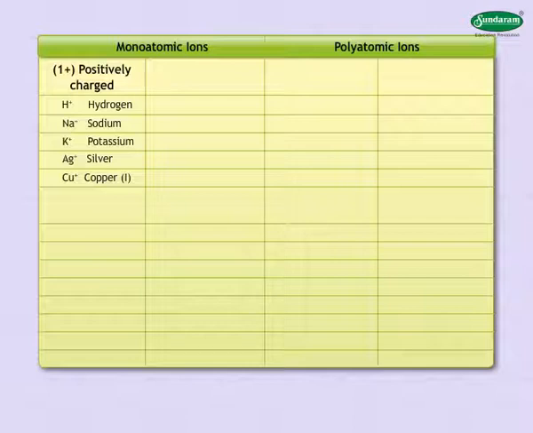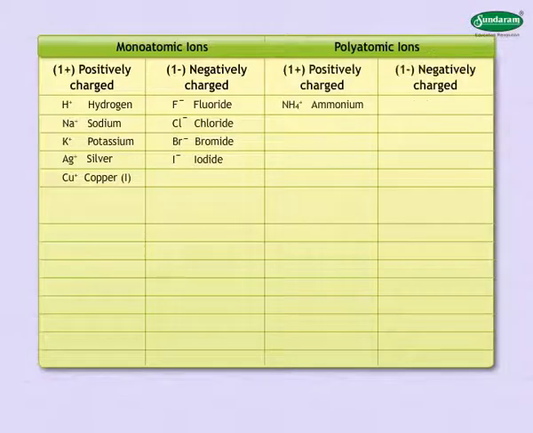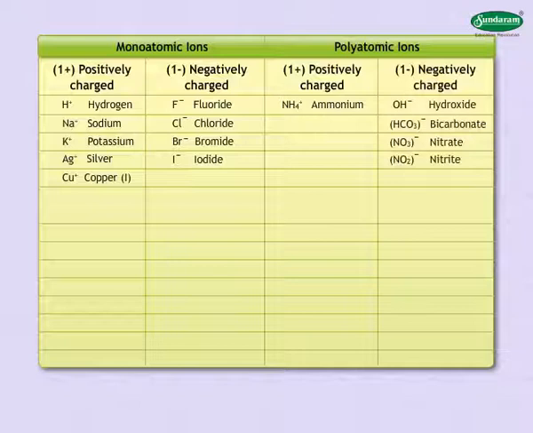The monoatomic negatively charged ions are fluoride, chloride, bromide, and iodide. The polyatomic single positively charged ion is ammonium. The polyatomic single negatively charged ions are hydroxide, bicarbonate, nitrate, and nitrite.